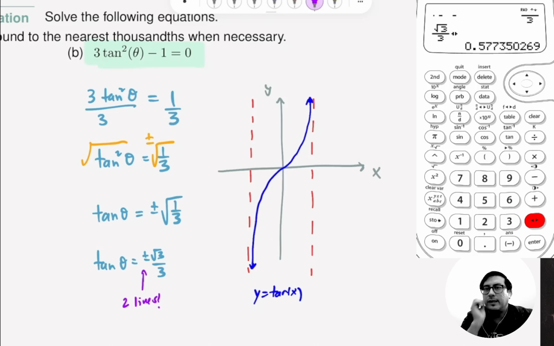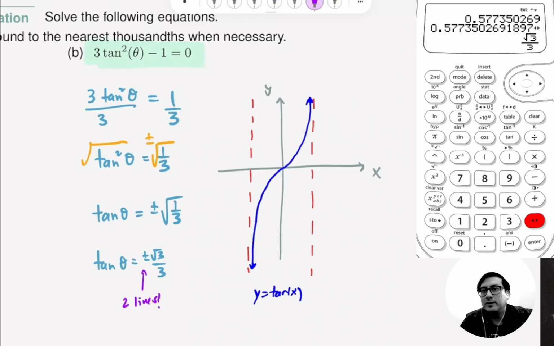If you click on that, it gives you the decimal approximation. And if you're lucky, sometimes it can go backwards. Oh, we are lucky. All right, so about 0.577. I'm not going to try to draw this too accurately, but we got two of them.